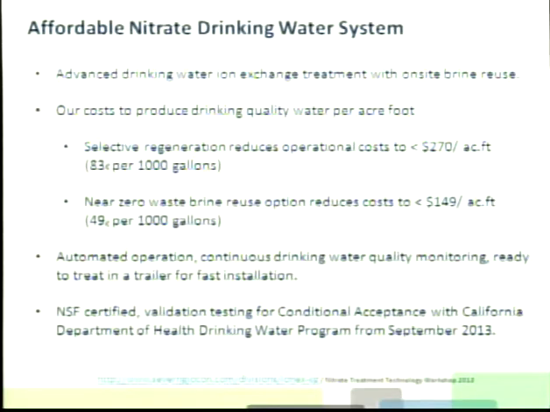By doing that, we think we can bring just the operational costs down to $270 per acre foot, that I'll describe in some detail, how I arrive at that number later.